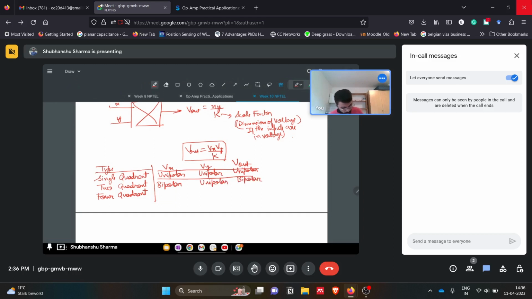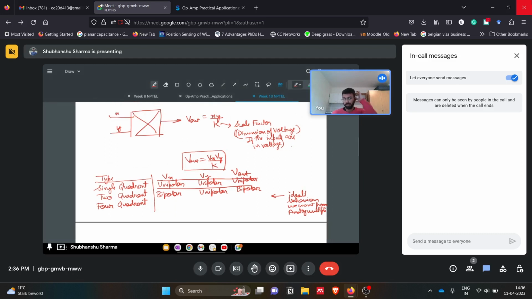But in case of four quadrants, this is what we actually want. This is the ideal behavior we want from analog multipliers, because whether the signals have negative or positive polarity, it should not matter to the analog multiplier.